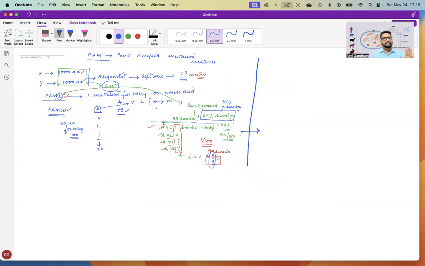But what exactly is happening in the background of the software is, see, it is only being done for PAM1. The probabilities are usually calculated for PAM1 alone, right? And then if you want to do it for all the others, all the others are generally extrapolated.